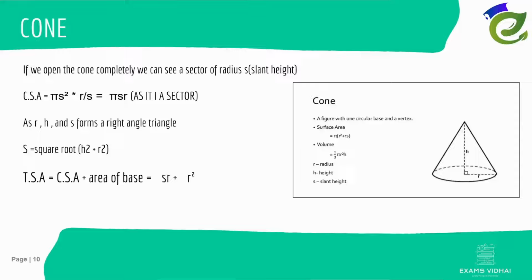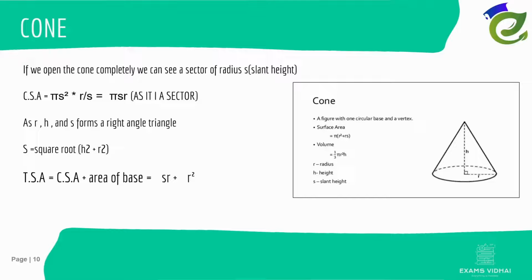S is the slant height. The curved surface area of the cone is equal to the area of the sector. When you open the cone, it becomes a sector, and we need to find the area of the sector. We know that when we open it, the slant height becomes the radius.